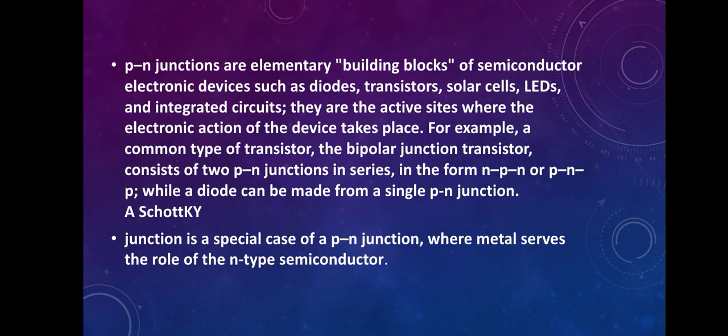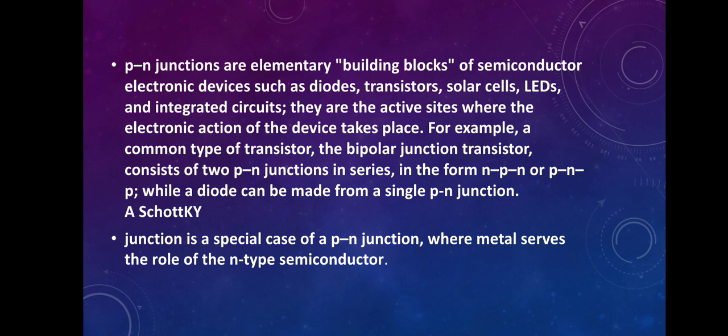PN junctions are elementary building blocks of semiconductor electronic devices such as diodes, transistors, solar cells, LEDs, and integrated circuits. They are the active sites where the electronic action of the device takes place.